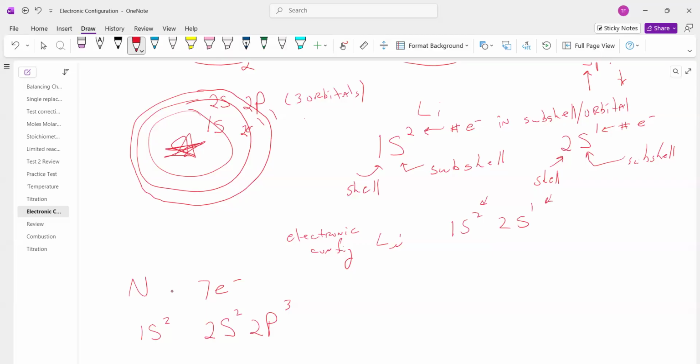At this orbital level, you can only have 2 electrons, and Bohr says p has 6 electrons. Well, how can we figure 6? I just told you can only have 2. So we have 2, 2, 2.